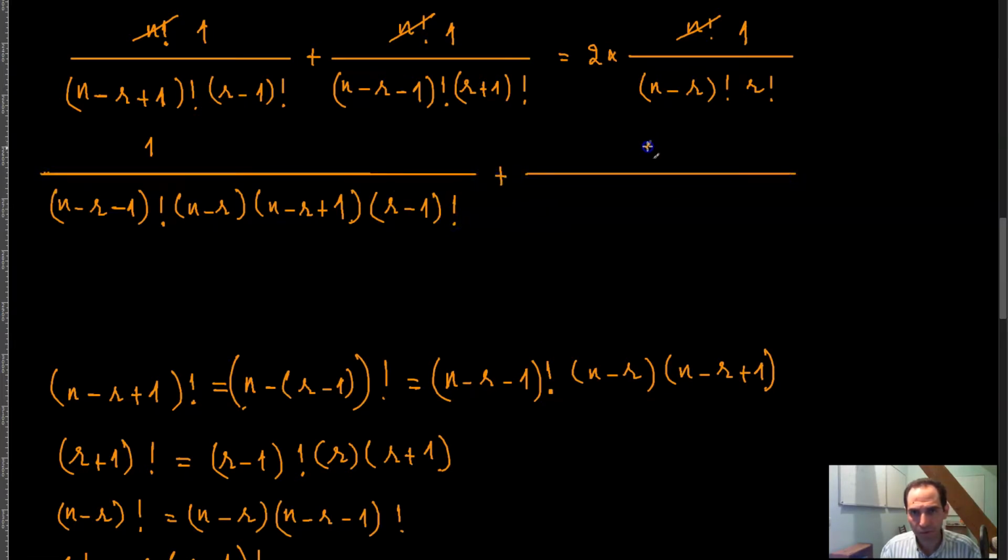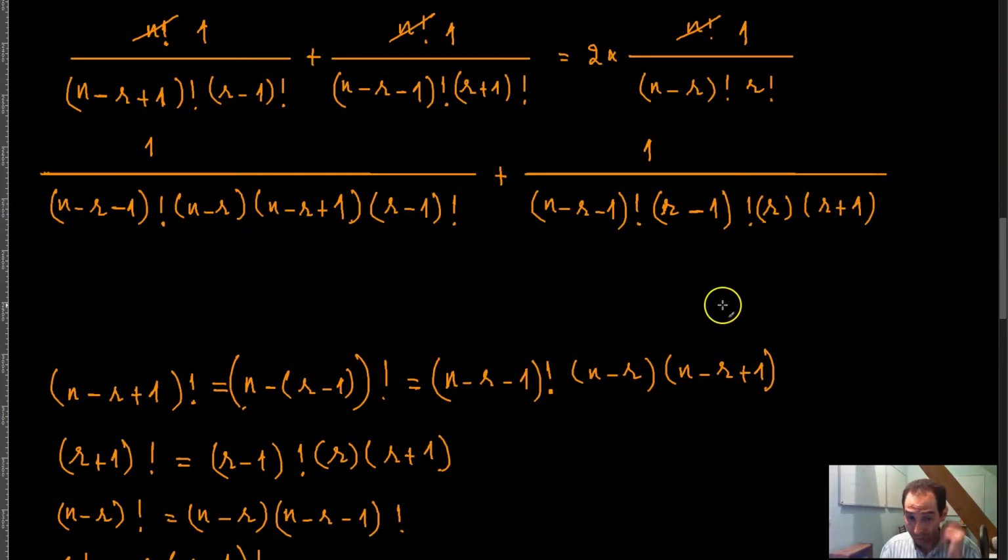And then over here I have 1, and then I have r plus 1 factorial, and so I write n minus r minus 1 factorial as it is, and r plus 1 factorial, I write it as r minus 1 factorial times r times r plus 1.